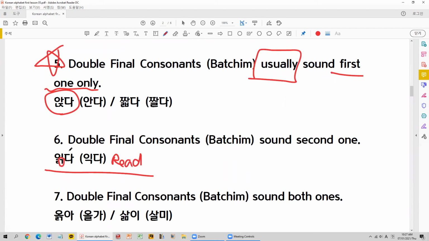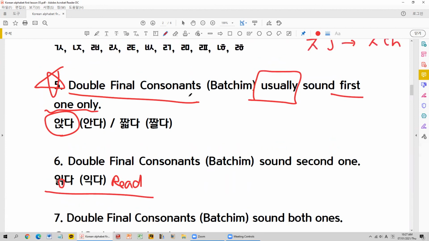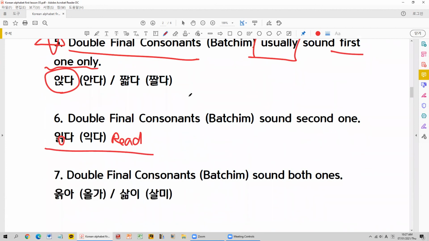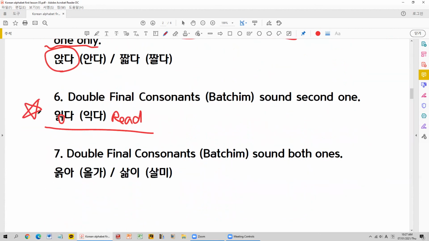If we have more, I will tell you later. So for double final consonants, the basic rule is usually read the first one. If you are confused, don't worry, just read the first one. And this is another exception, 읽다.